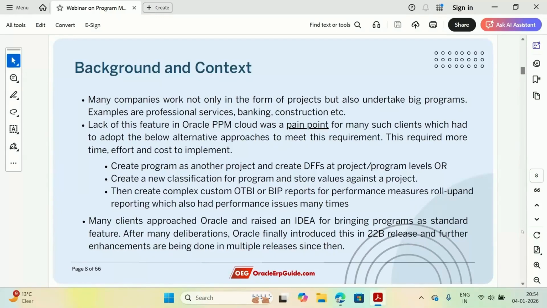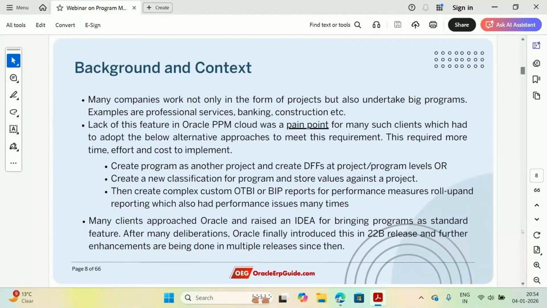They used to create a new classification for the program and store values against a project. For roll-up reporting purposes, they used to create complex custom OTBI or BIP reports, wherein they rolled up the performance measures and then reported at the program level.